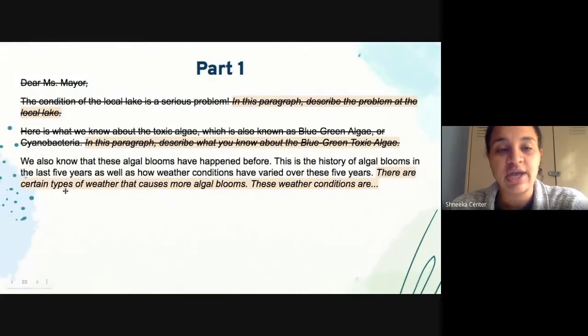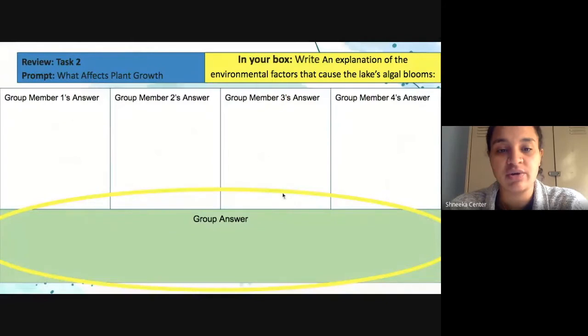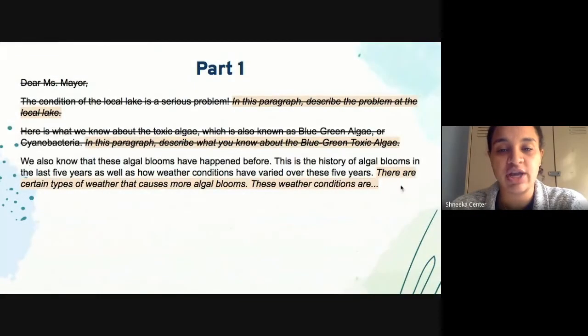So there are certain types of weather that cause more algae blooms. These weather conditions are blank. So whatever information you have here, whatever type of weather, whatever type of air fronts that you discussed with your group last week, that's what's going to formulate your answer for this part here.